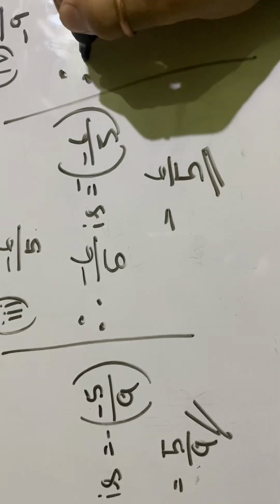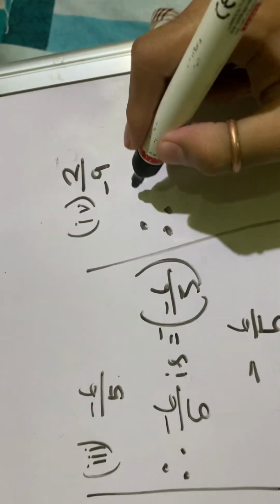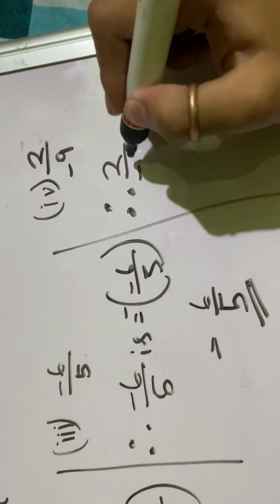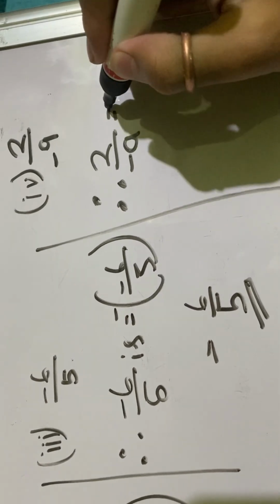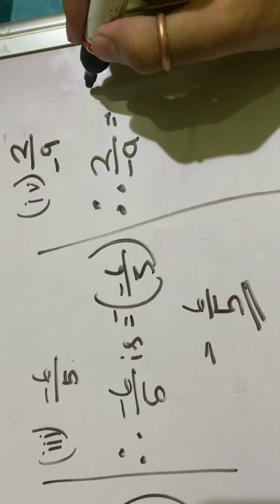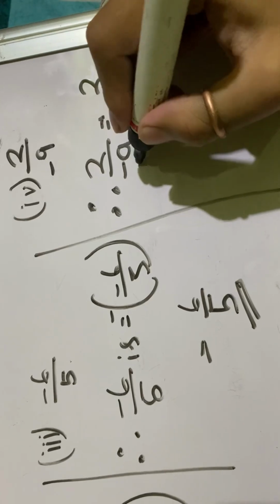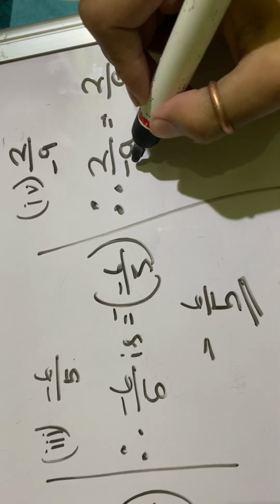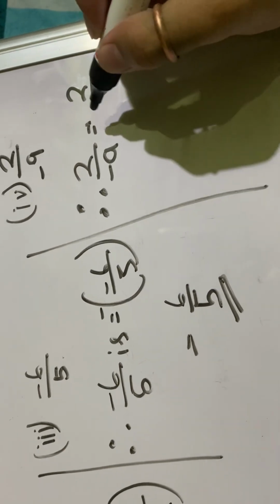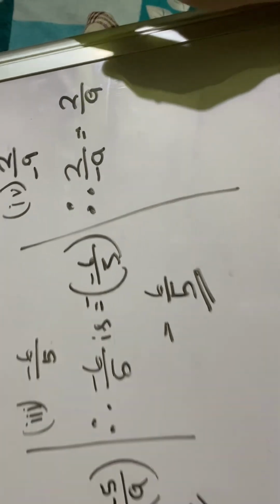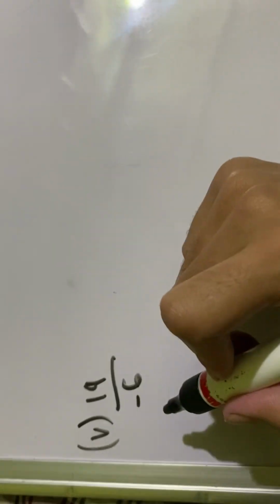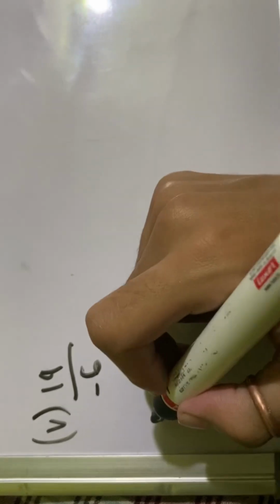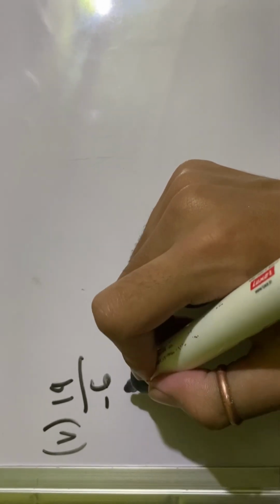Same here, therefore the additive inverse of 2 by 9 is 2 by 9. As there is minus here before, the minus is cancelled out and becomes 2 by 9. We move to question number 5, which is 19 by minus 6.